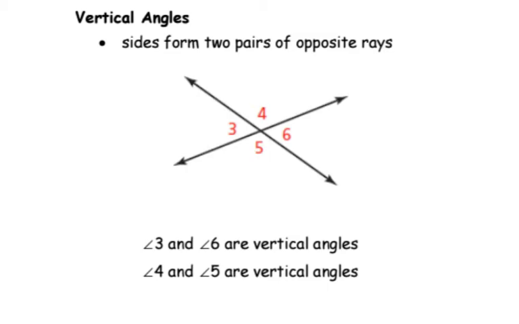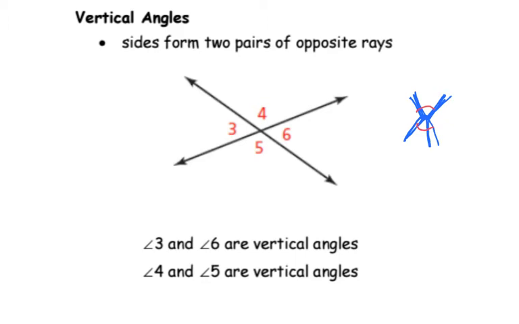All right, another one here, we have our vertical angles. Now, vertical angles are sides that form two pairs of opposite rays, okay? Vertical angles are basically angles that are directly opposite of each other, okay? Notice the cool thing about vertical angles is where they meet, they create a V shape, vertical, okay, V shape. So those angles here are going to be congruent to each other.